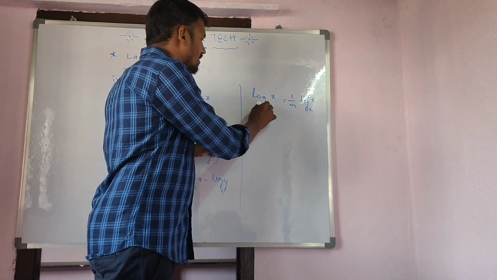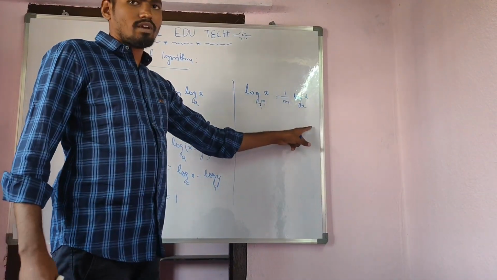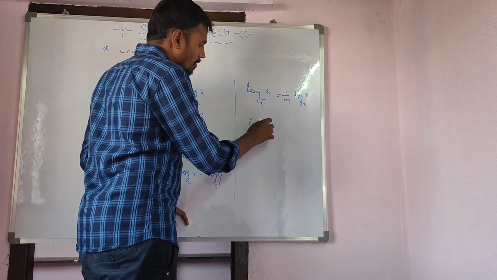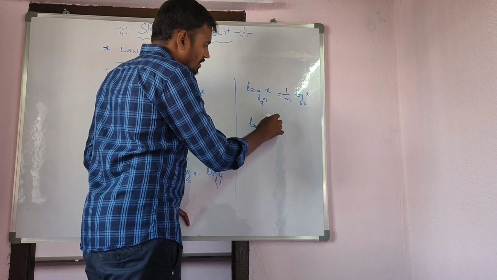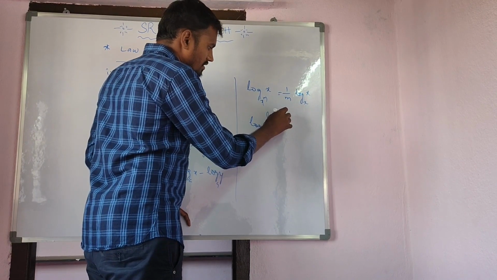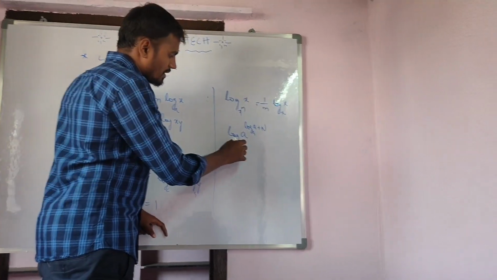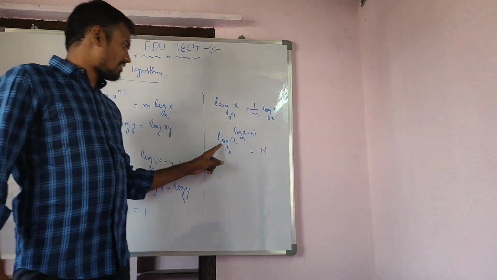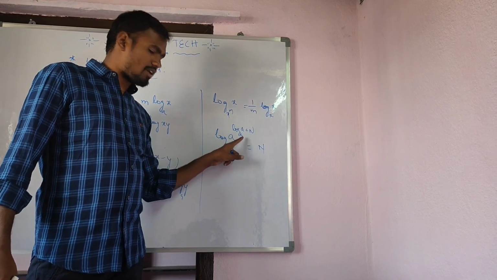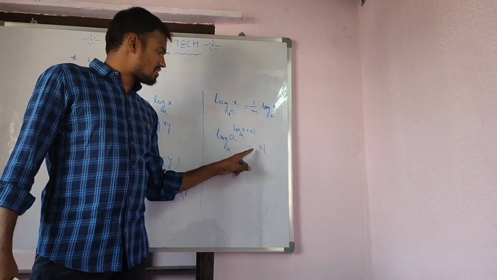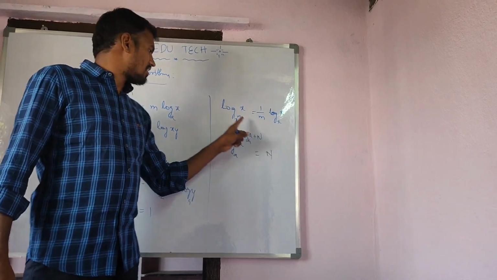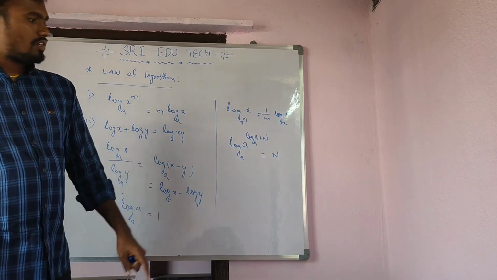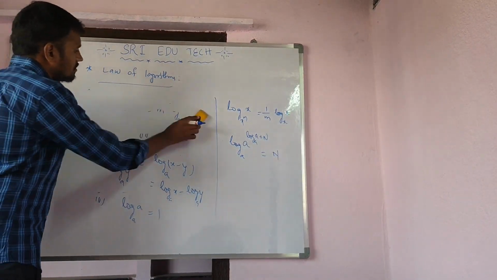Next, a to the power of log n base a is equal to n, amma. These are the laws of logarithms, amma, right? So now see some problems.